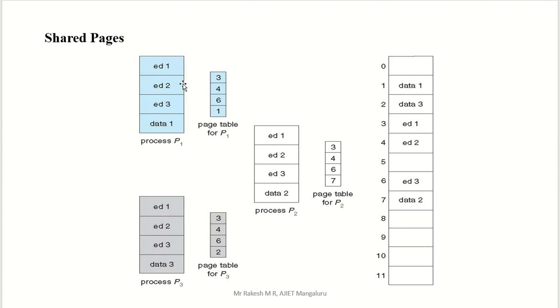All processes are stored in main memory, so the page tables should also be in main memory. In order to access them, we need a lot of time. In order to access your page table, we need a lot of time. That's why we are using the TLB concept. So here, for the shared page concept, we have another concept.